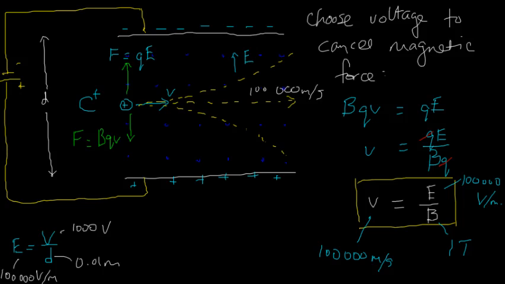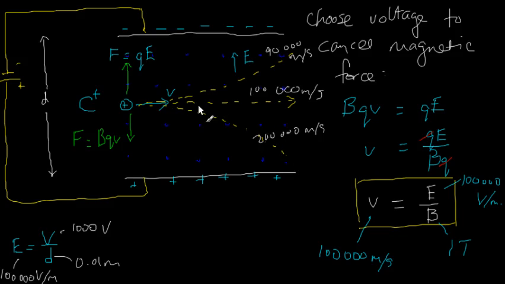Like how small? Let's say instead of 100,000, 90,000 meters per second. So that particle would go there. But what if I have a bigger velocity? Let's say maybe instead of 100,000, 200,000 meters per second. Then it will go here because if I have a bigger velocity, I have a bigger magnetic force. So the magnetic force will pull it this way. So it goes down.